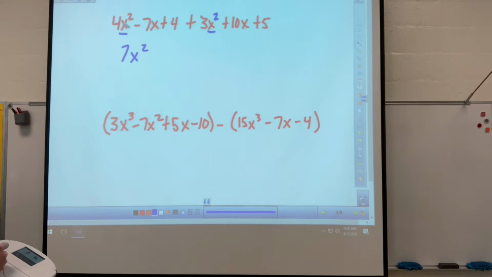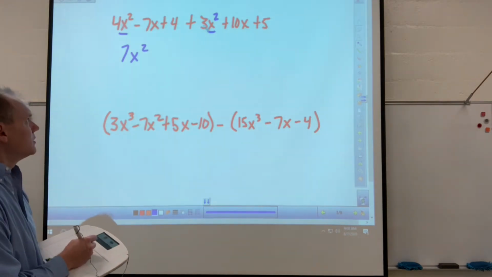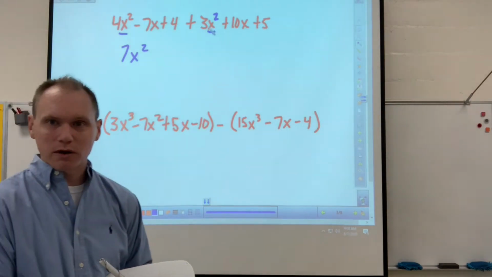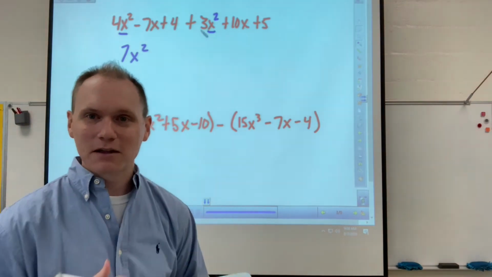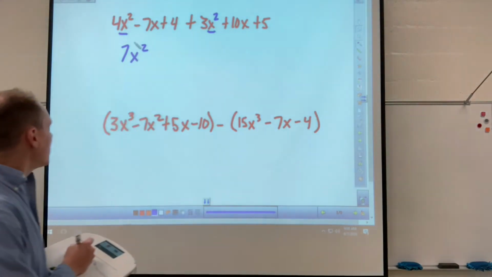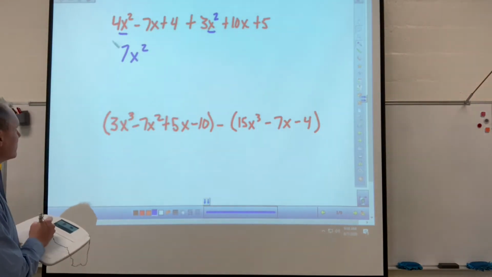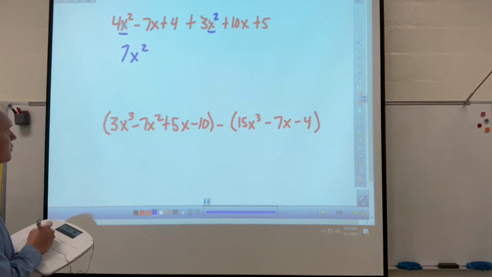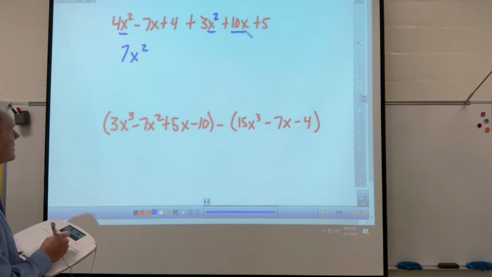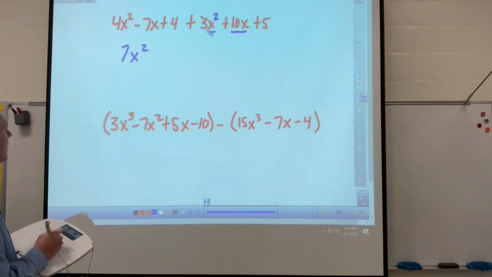Because this is x squared plus x squared plus x squared plus x squared. This is x squared plus x squared plus x squared. We have 7 x squareds adding together. And we won't have to say it like that every single time, but it just shows why we can add those together.